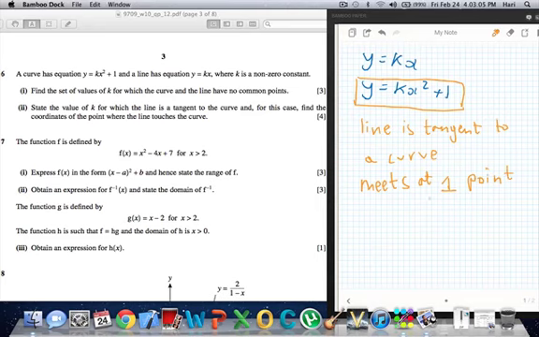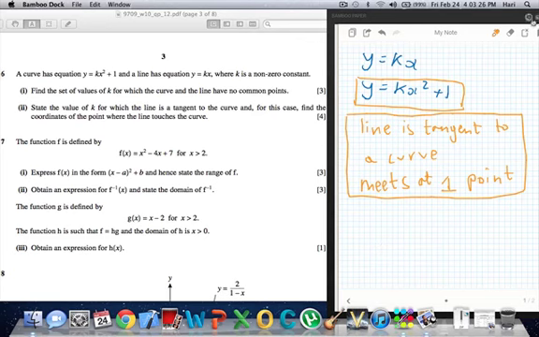It meets at only one point. Remember this rule. This is a key rule. It's applied everywhere in AS level. So let's first find out what this value of k is for which it's a tangent.